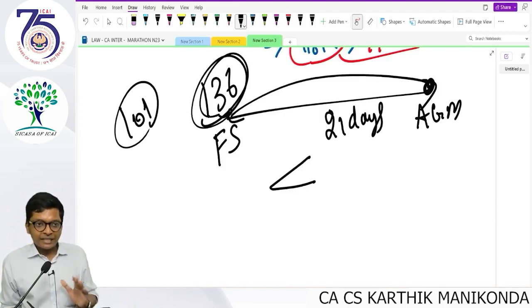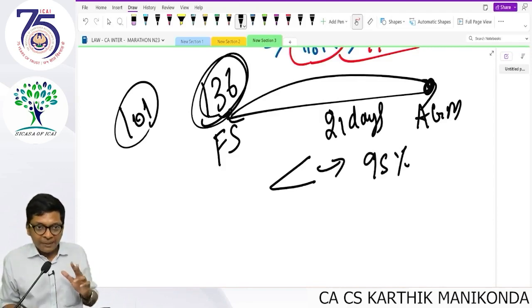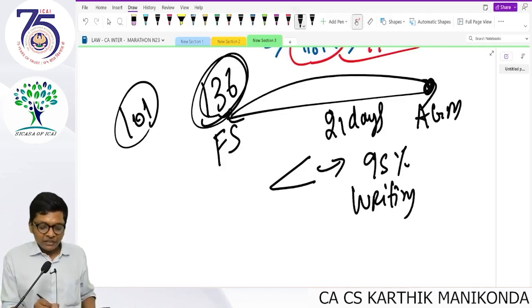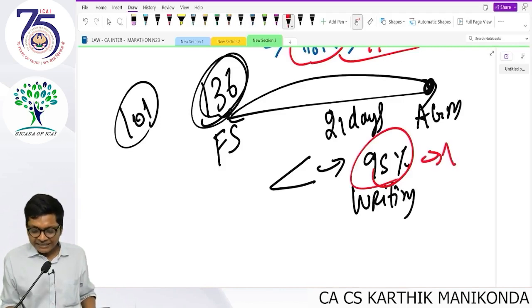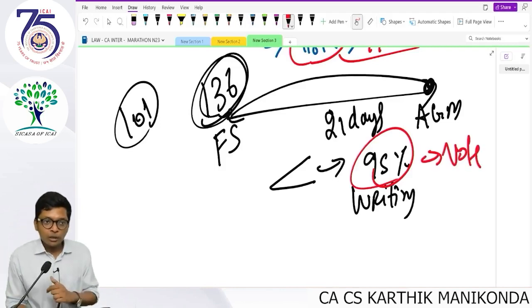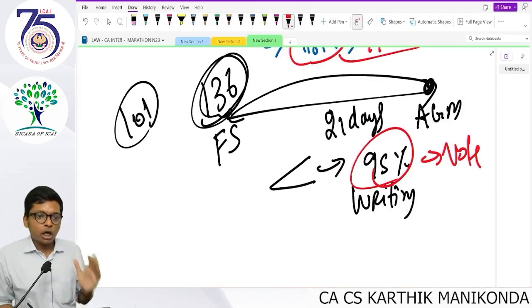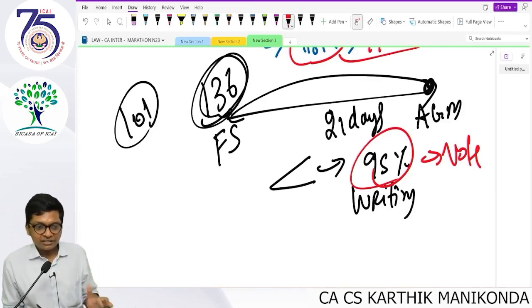Yes, 14 days. Then for shorter notice, 95% of members entitled to vote, only those who can vote, should give consent in writing. Then I can send a shorter notice or shorter financial statement.